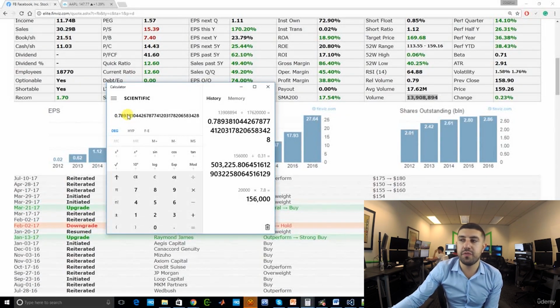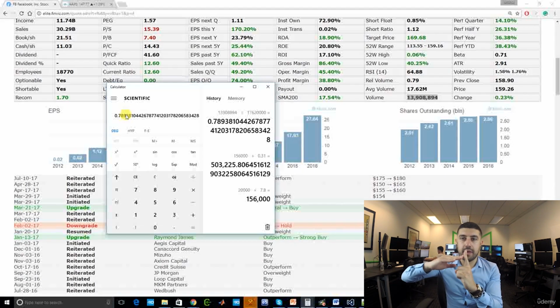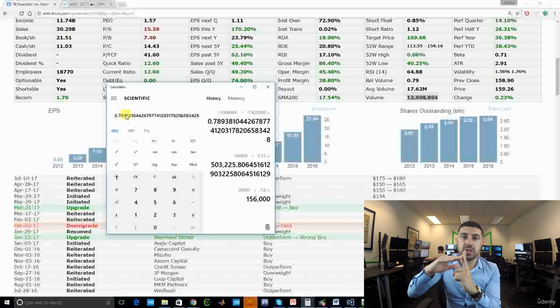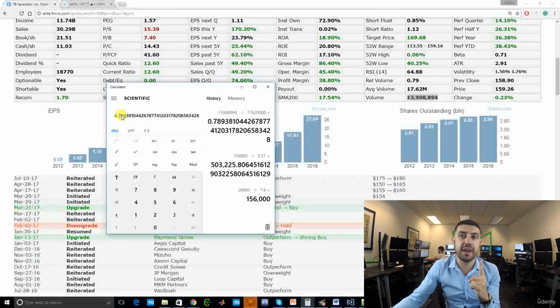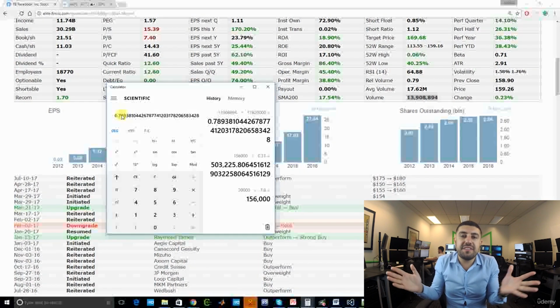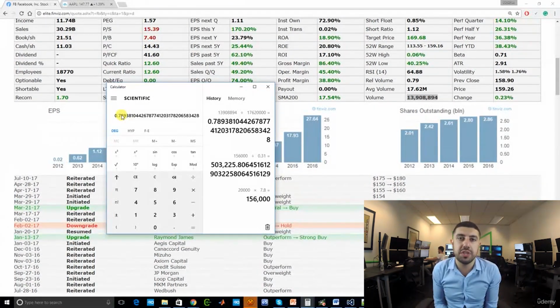If one is the stock doing exactly the amount of volume that it usually does, then 0.79 means it only did 79% of the volume that it usually does.